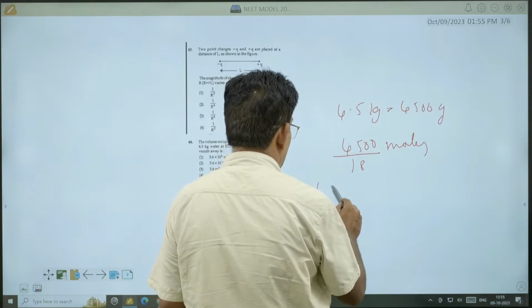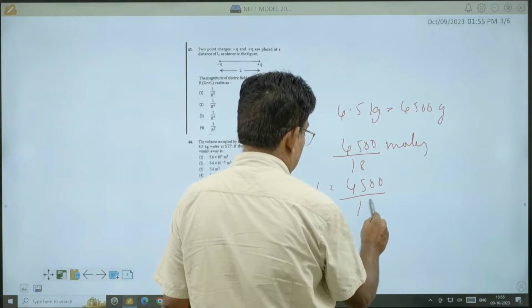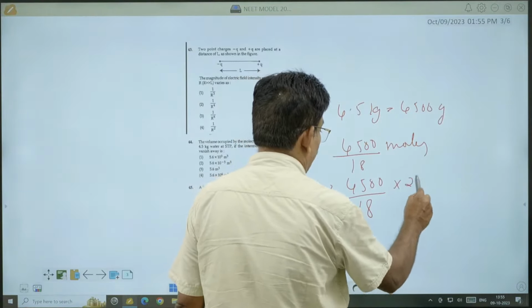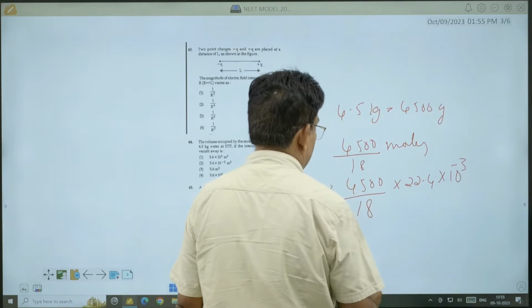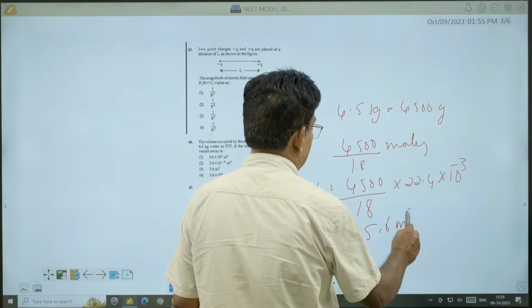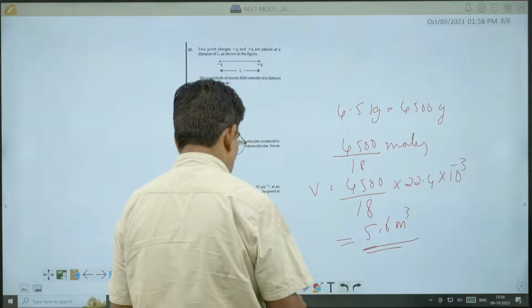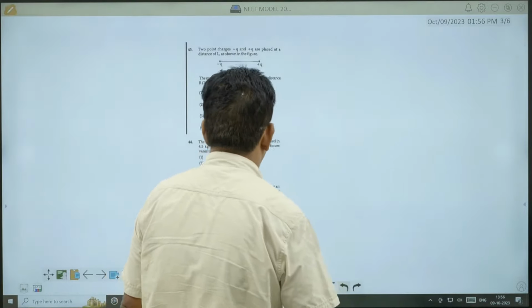So the volume occupied will be, number of moles 4,500 by 18 into 22.4 liters into meter cube, that is into 10 to the power of minus 3. This comes to be 5.6 meter cube. Answer is 3. Next question.